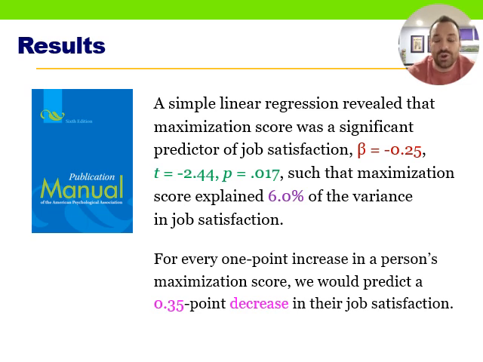If we look at the slope, what we see is that for every 1 point increase in a person's maximization score, we would predict a 0.35 point decrease in their job satisfaction. So as maximization score goes up, job satisfaction goes down, and the slope tells us about how much it tends to go down. So the good news for maximizers is you'll make more money. The bad news is you'll be less satisfied with your job.